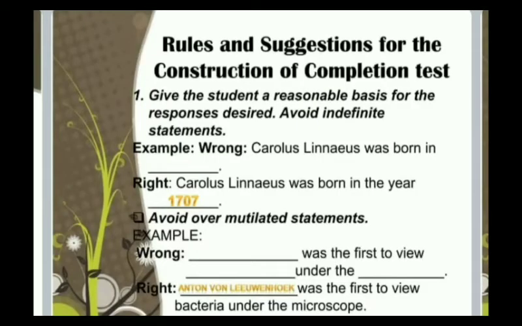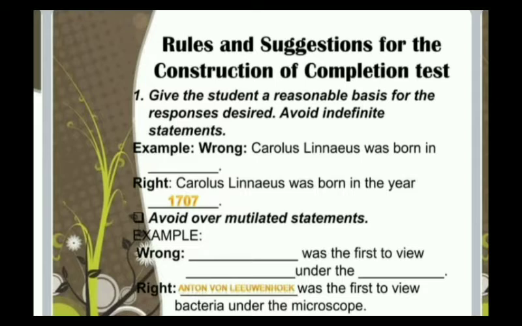So, here are the rules and suggestions for the construction of a completion test. First, give the student a reasonable basis for the response desired. Avoid indefinite statements. For example, the wrong statement: Carolus Linnaeus was born in blank.